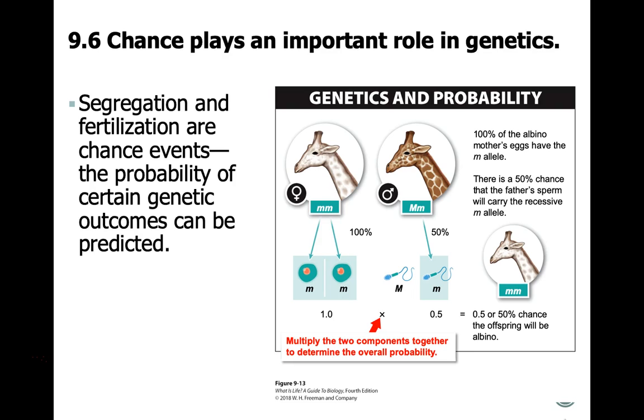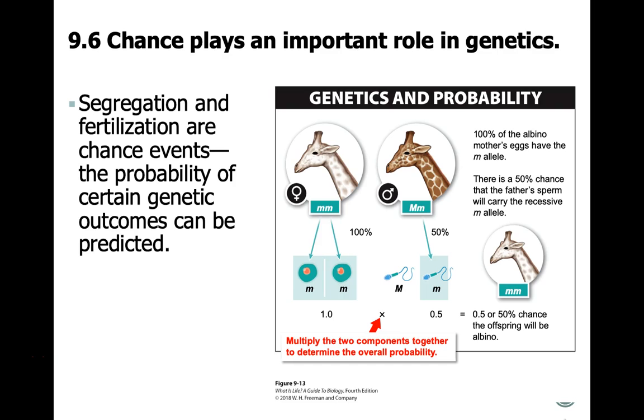What I mean by that is that you have no control over the sperm or the particular egg from the two individuals that are going to breed. So any one of the millions of sperm that are produced and any one of the thousands of eggs that are produced during a fertilization event can actually contain either one of those alleles. But we can apply some rules of probability to these.